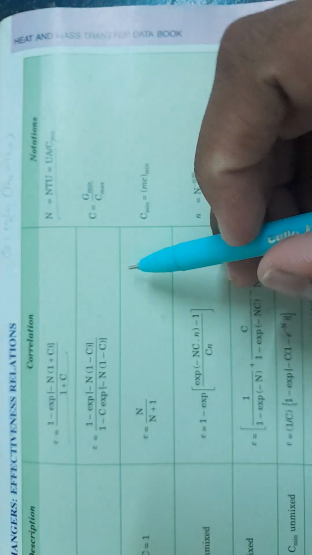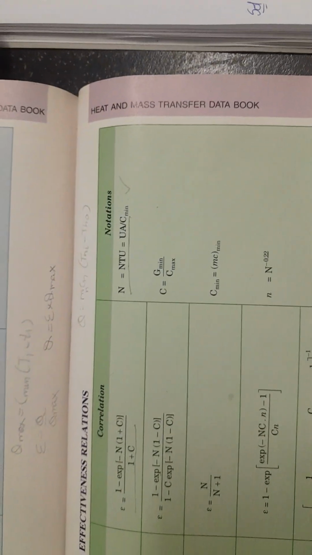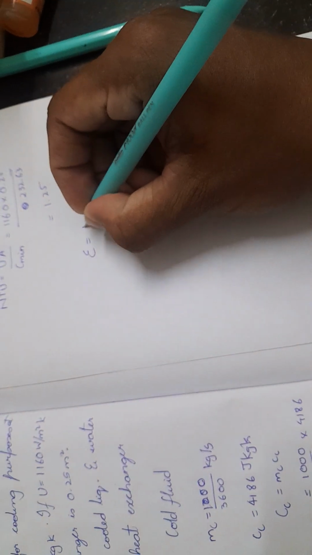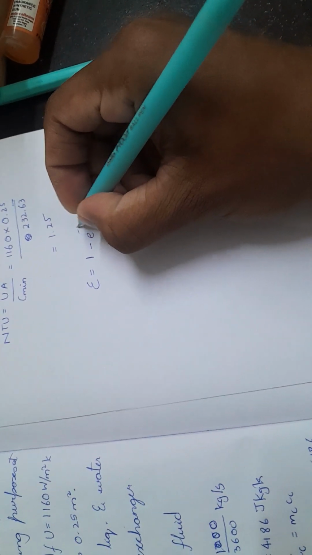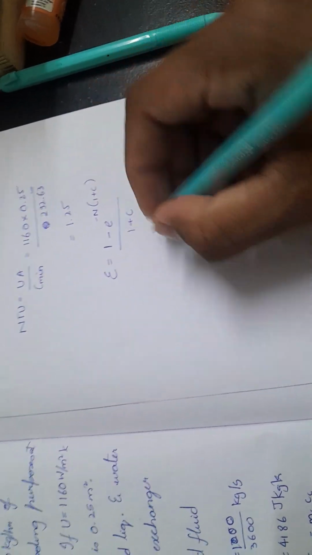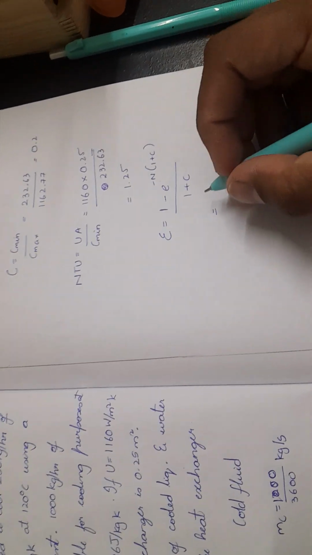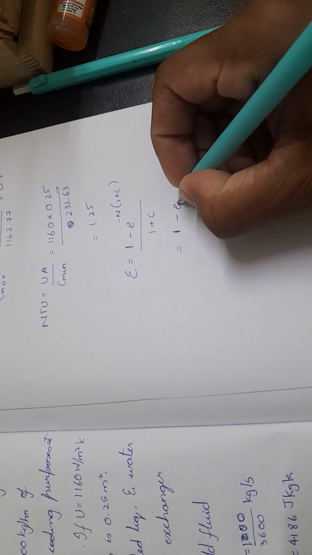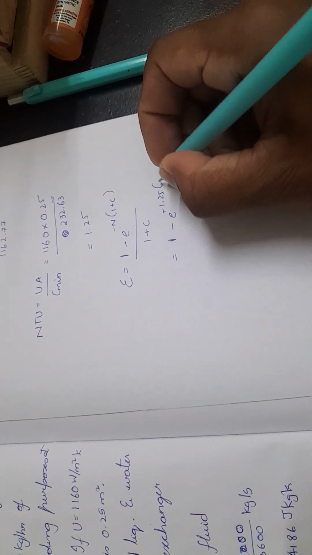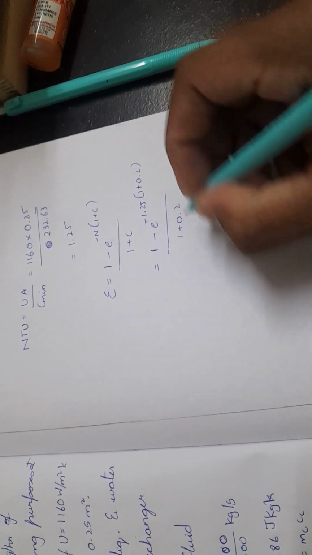Now, since he's mentioned it's a parallel flow arrangement, if you refer to the data book, the effectiveness for the parallel flow arrangement is given by effectiveness is equal to 1 minus e power negative N times 1 plus C, over 1 plus C. Now we have the values of N and C. When we plug it in, we would be getting 1 minus e power minus 1.25 times 1 plus 0.2, over 1 plus 0.2.